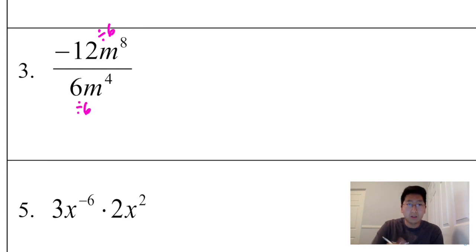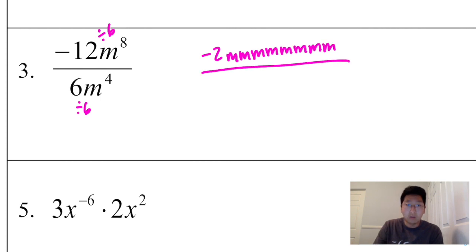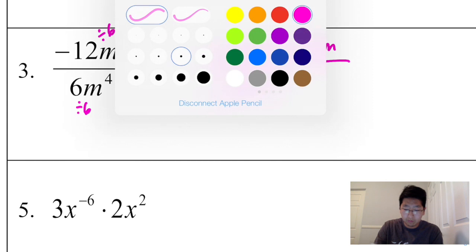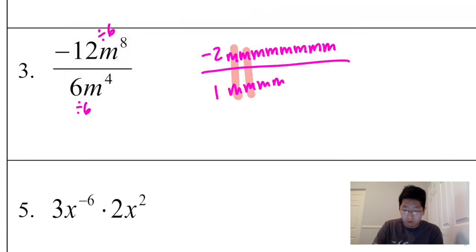So I'm just going to do the reducing right there. Negative 2, and then expand m, 1, 2, 3, 4, over 1, and create our ones. We get negative 2m to the 4th over 1.